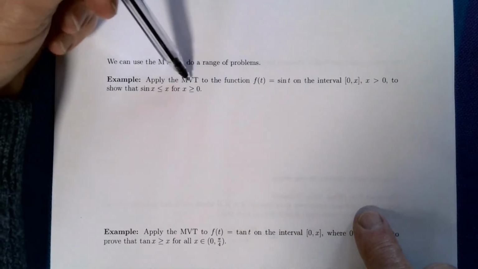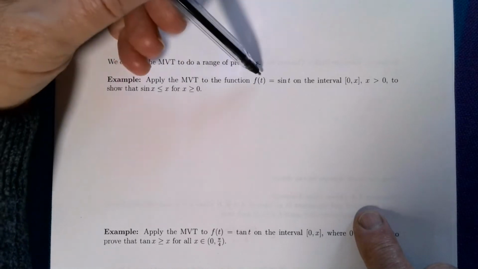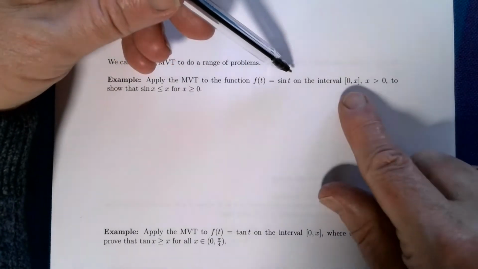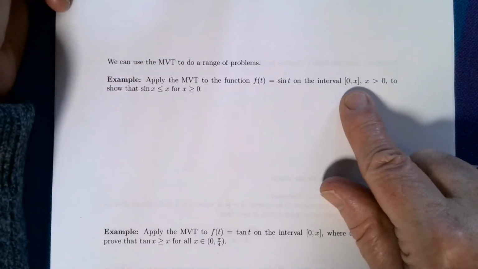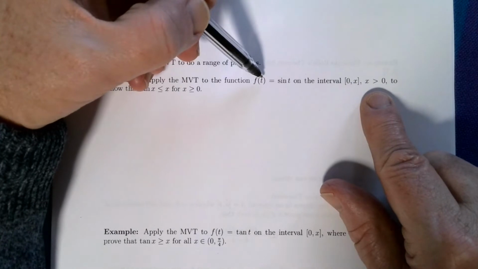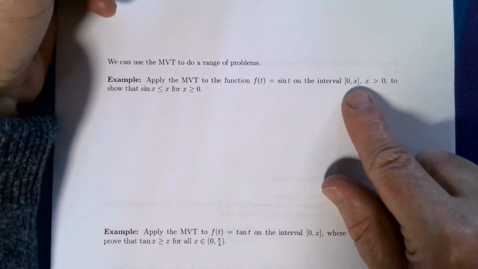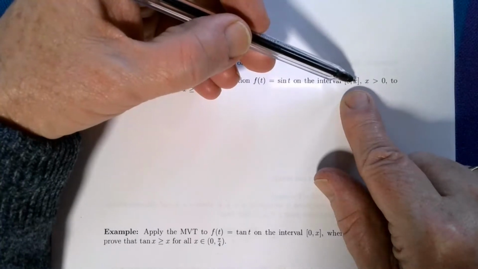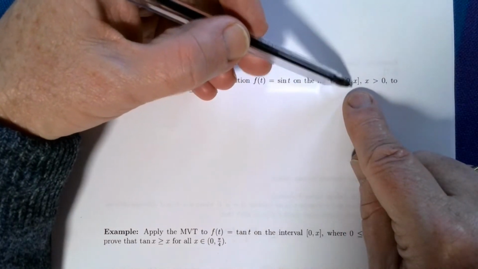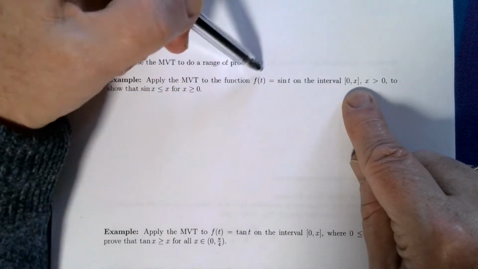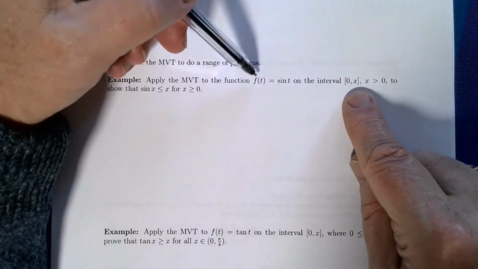We're going to apply the mean value theorem to the function f of t equals sine t on the interval from 0 up to some point x, where x is positive. Now the reason I'm changing from x's to t's here is because I want to use x as the end point of my interval. We're generally going to use x as the end point of our interval, so I can't use x in both places because it doesn't make sense.